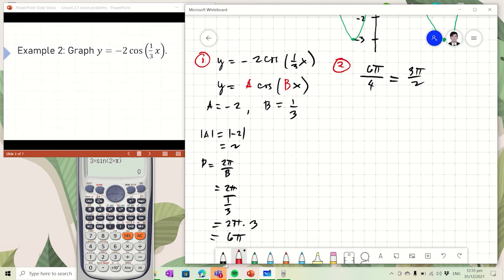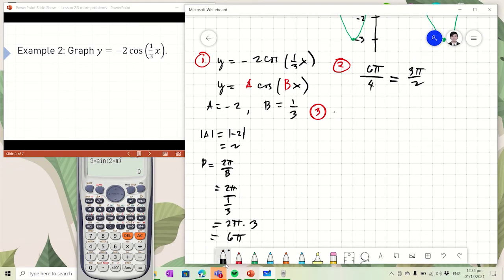Then we proceed now to step 3. Step 3 is to make a table starting at x is equal to 0 and complete one period of 6 pi in steps of 3 pi over 2. So, yung basis natin is itong 3 pi over 2, and then mag-end up tayo doon sa ating 6 pi.